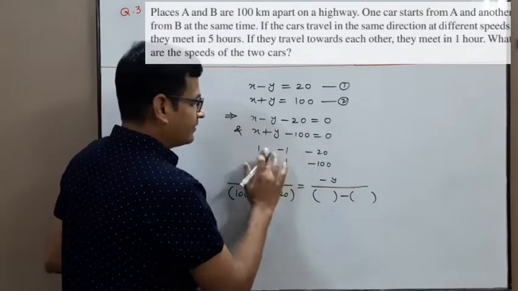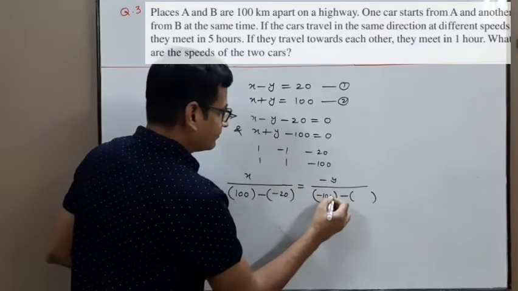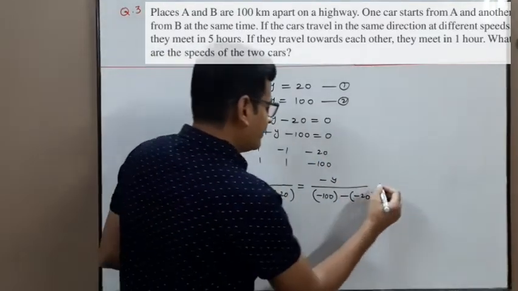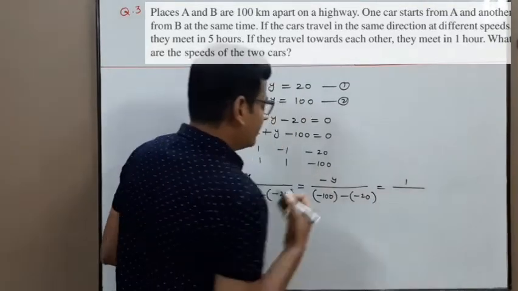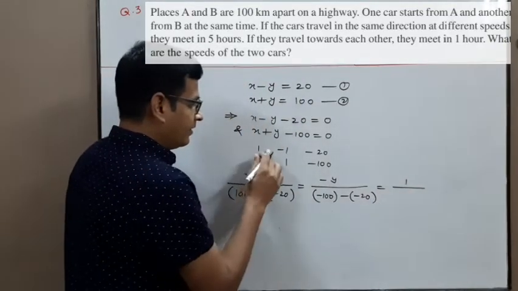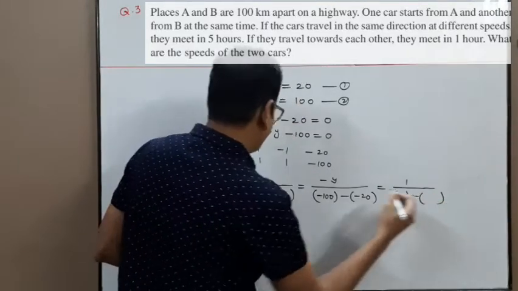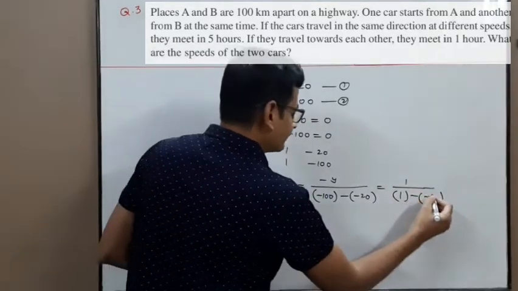This time hide this, so minus 100, minus 20, is equal to 1 upon 1 in the first bracket minus 1 in the second bracket.